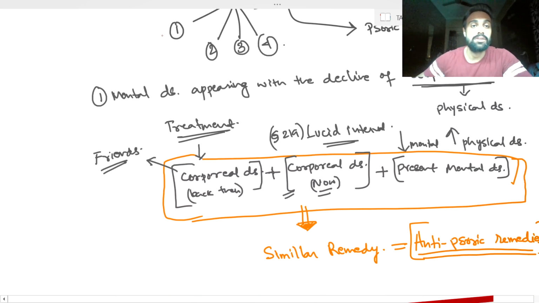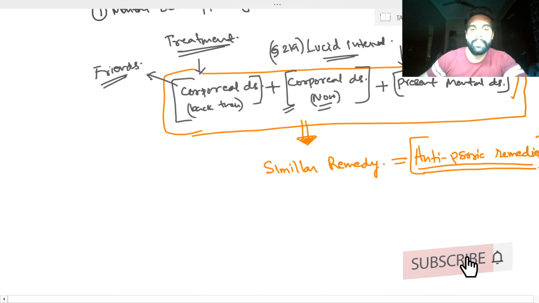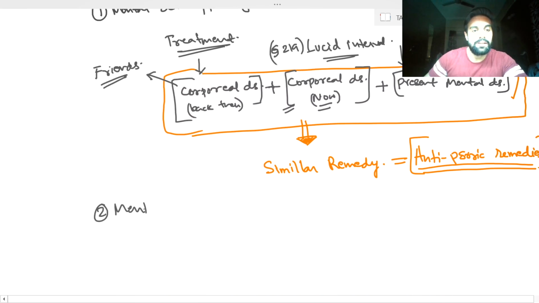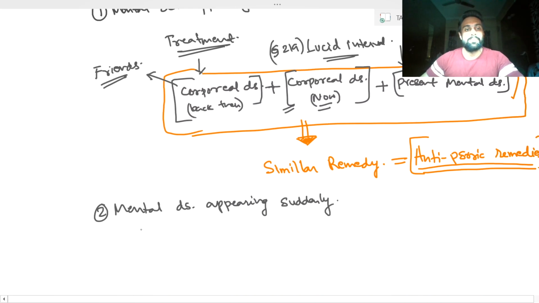Remember this. Now the second type of mental disease, that is mental diseases appearing suddenly. Suppose insanity, mania, which has suddenly appeared from long emotional causes, from vexations, from fright. If this disease has suddenly appeared, it means it is an acute form of disease.